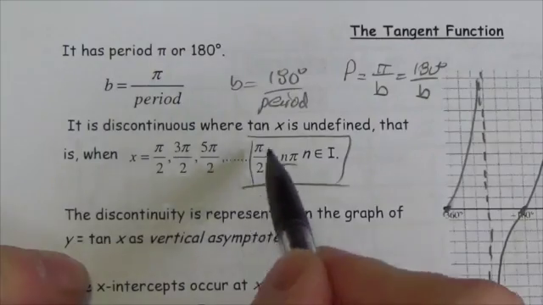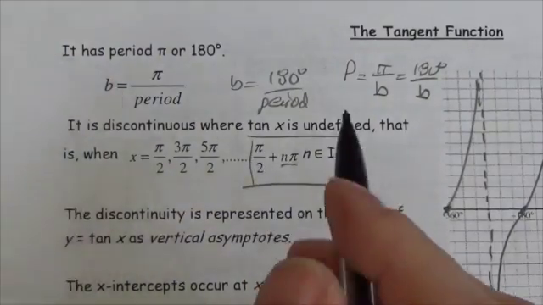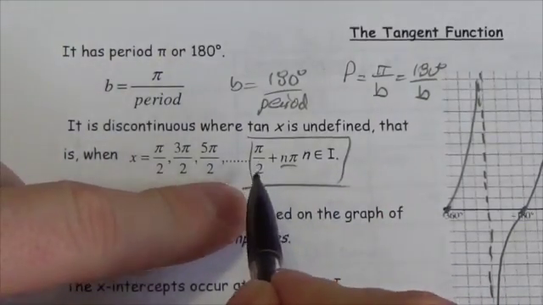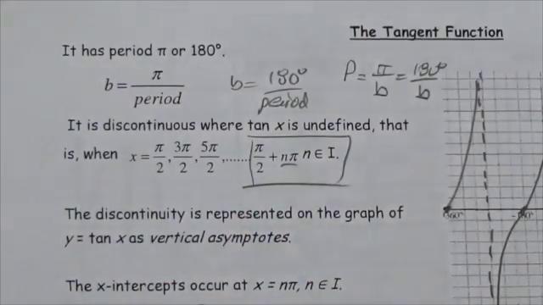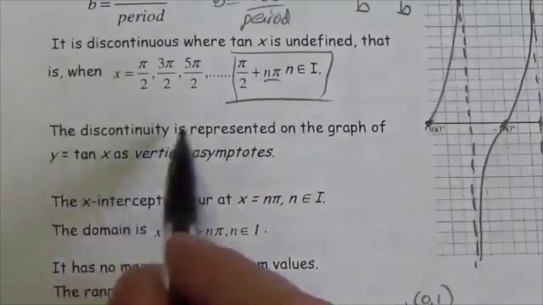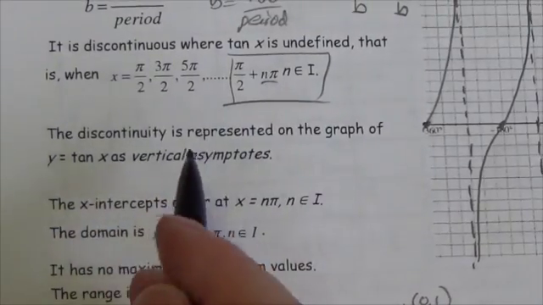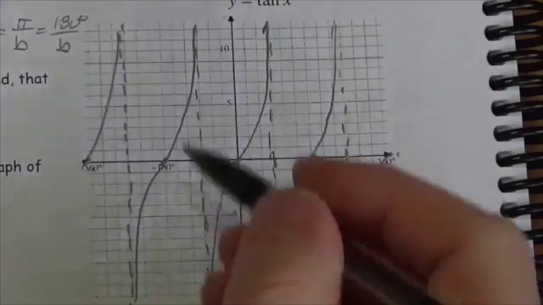So if you've got one undefined value at pi over 2, the period is pi. That undefined is going to repeat every pi radians here. And those discontinuities, or places where it's undefined, translate into vertical asymptotes, which you saw when I graphed that. Those dotted lines there are the vertical asymptotes that it approaches here.